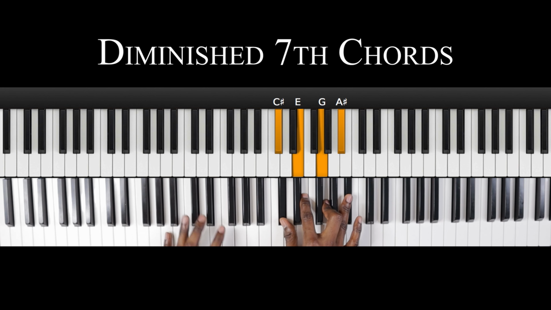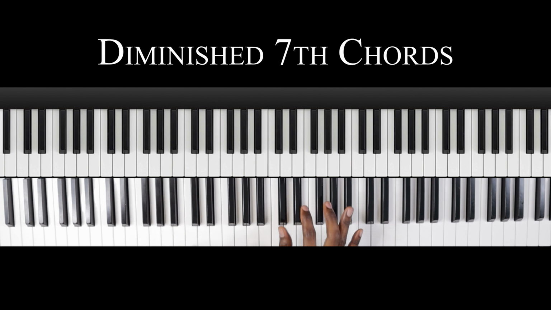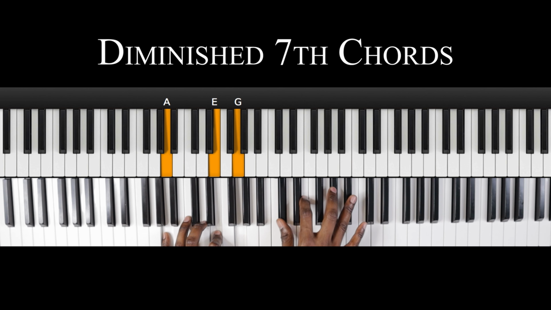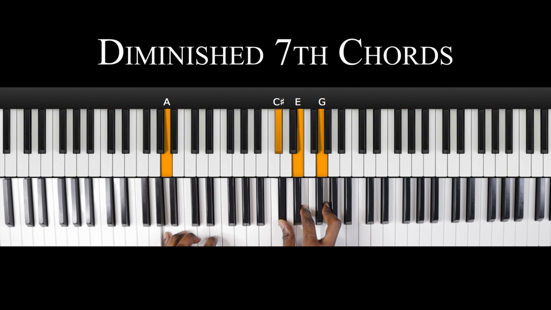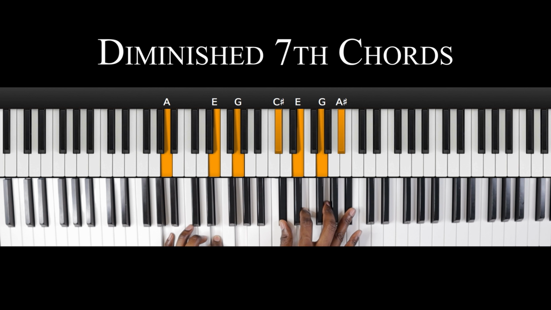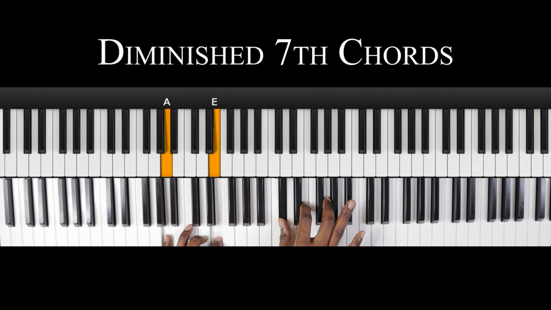So again, that goes back to, hey, if I use a different note in the bass, that defines the chord that I'm playing. Because this would no longer be C sharp diminished. Look at it, it would become A dominant 7th, and I'm adding the flat 9th.